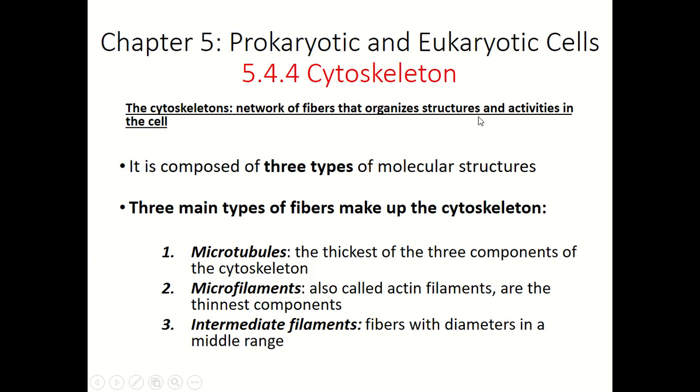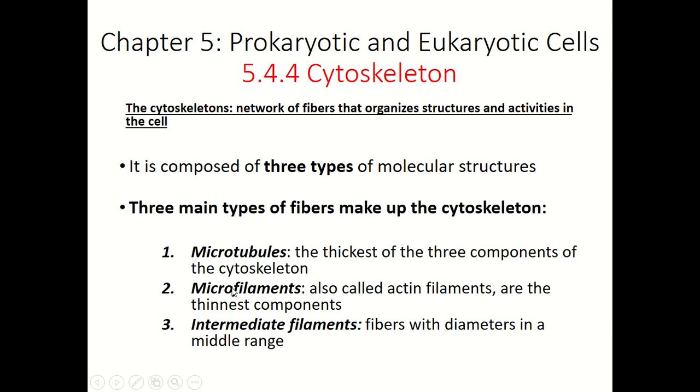As I mentioned earlier, there are three types of cytoskeleton fiber. We have microtubule, the thickest component of the cytoskeleton. Then we have microfilaments, also known as actin filaments, which are very important for muscle contraction.